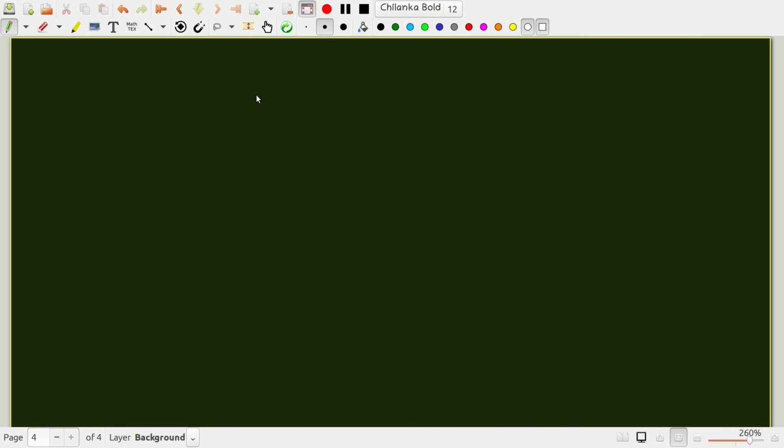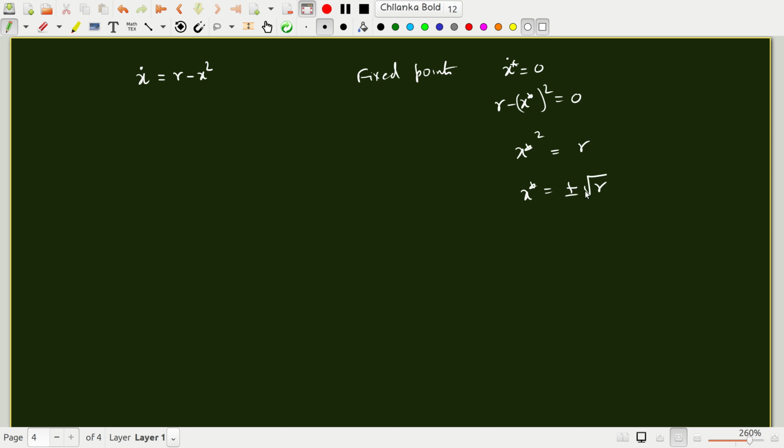Now if I look at this equation, x dot is r minus x squared, what are the steady states? What are the fixed points? They are obtained by saying that x dot star is 0, or r minus x star squared is 0, or x star squared is r, and x star is plus or minus square root of r.